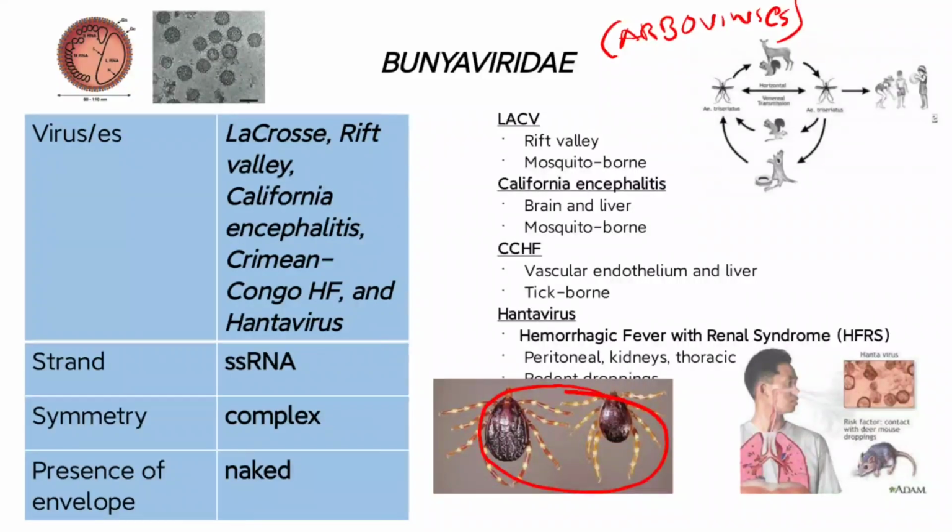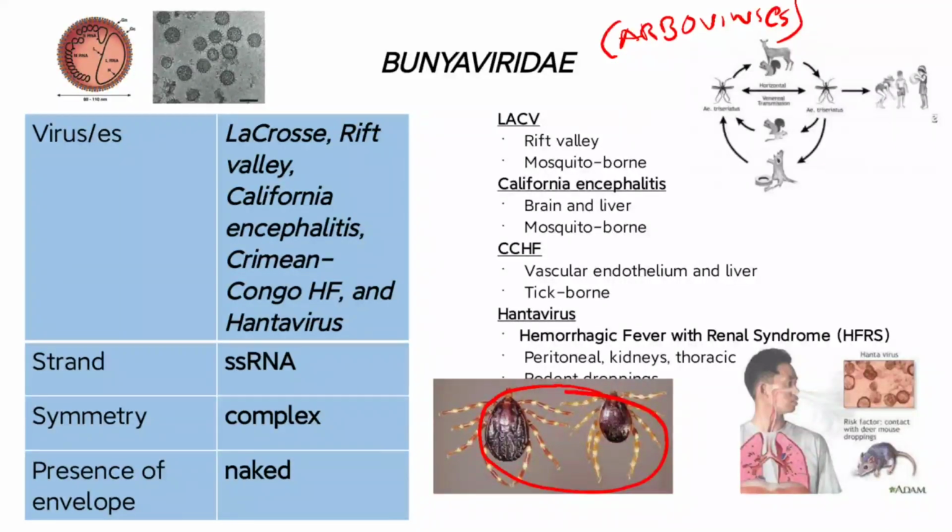Ayan, galing sa mga ticks. Next one, we have the hantavirus. Ito yung tinatawag na HFRS. Okay? Hemorrhagic fever with renal syndrome. Hantavirus, tandaan nyo, HFRS. Hemorrhagic fever with renal syndrome.